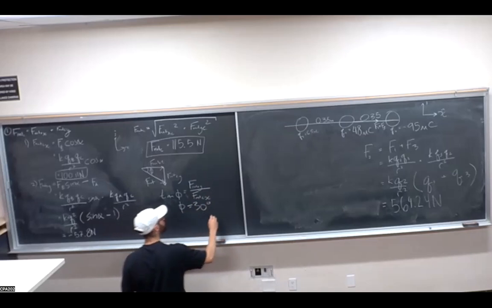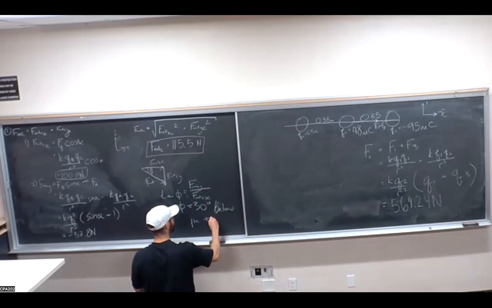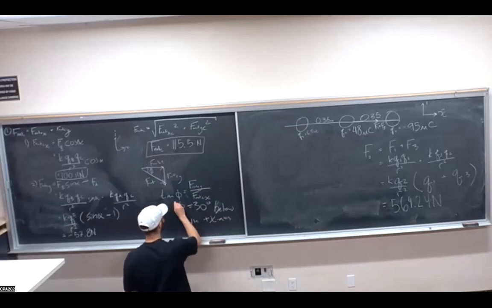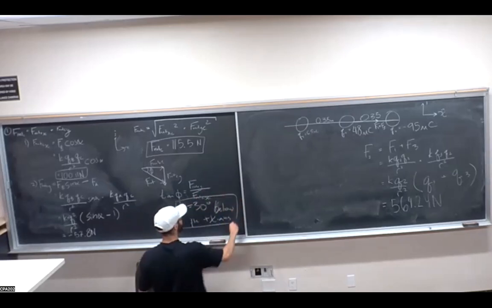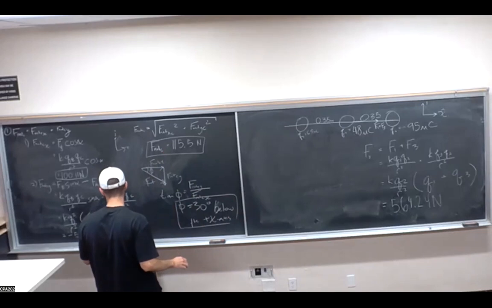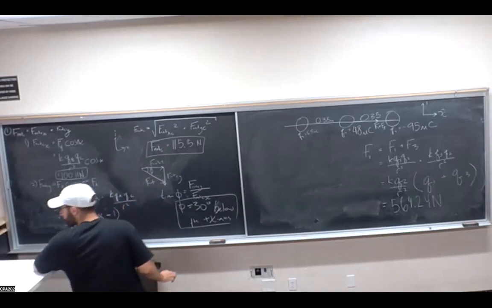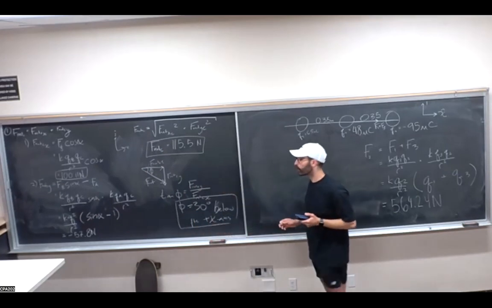You can't leave it like this, so you'll have to say 30 degrees below the plus X axis. All right, and that's part 1, I'll say. We have now found the force and its direction. This moves us into part 2, where we need to find the field.